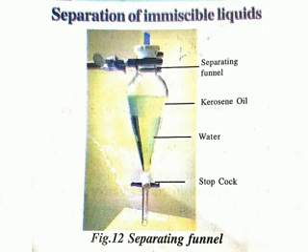Keep the separating funnel over another beaker and collect the oil in that beaker. Like this we can separate oil and water. If you took kerosene and water, first separate the water, after that separate the kerosene into another beaker. Like this we can separate an oil and water or kerosene and water mixture.